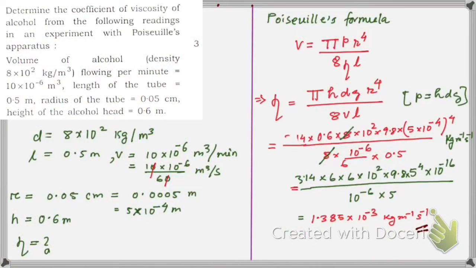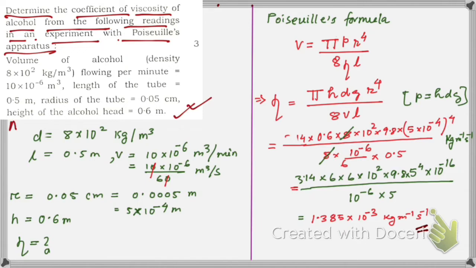Now our next question is, determine the coefficient of viscosity of alcohol from the following readings in the experiment with Poiseuille's apparatus. So first I mention the given readings. d stands for density. Here the density is given, the length of the tube L is given, and the rate of volume, the volume of alcohol flowing through the tube, is given.